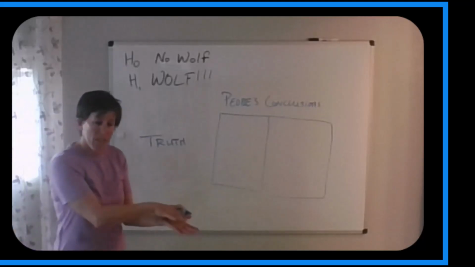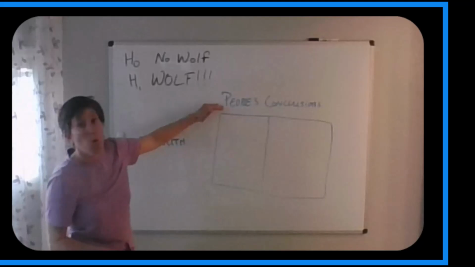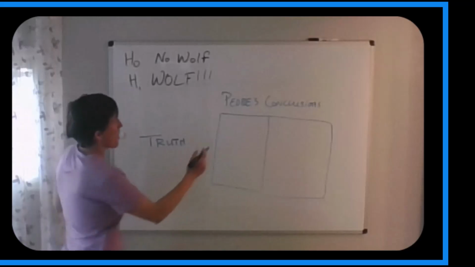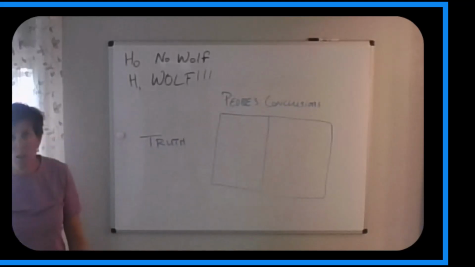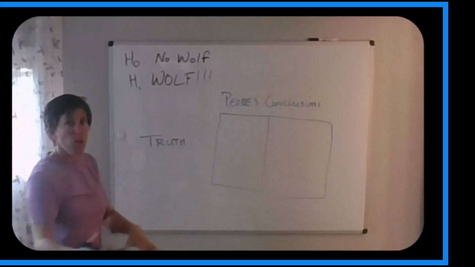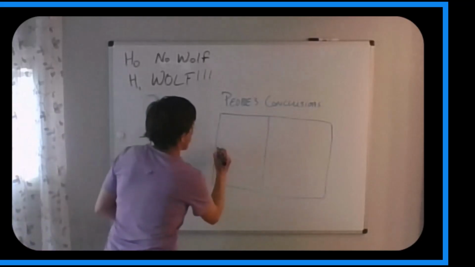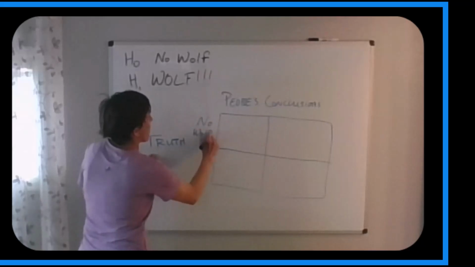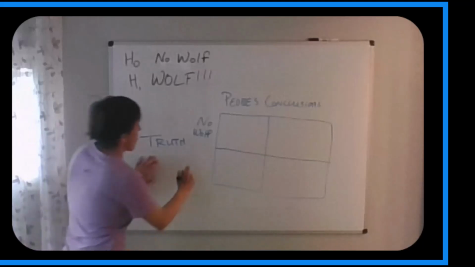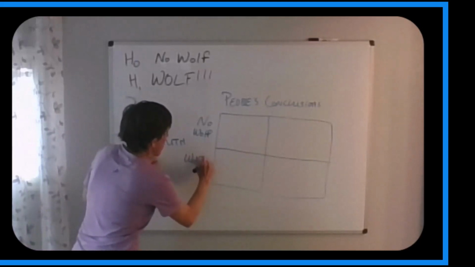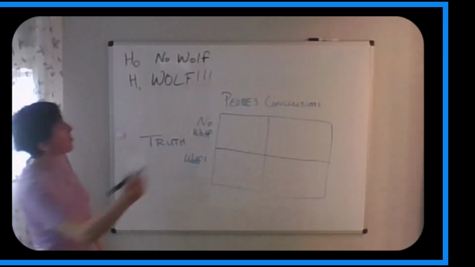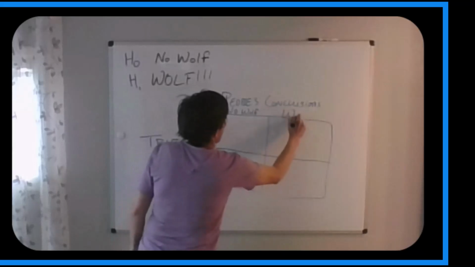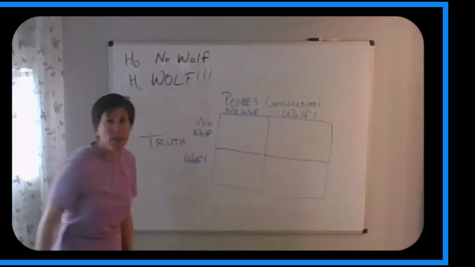Or back to that courtroom setting of innocent until proven guilty, this would be the court's decisions versus the truth of what actually happened. So here we have the people's conclusions regarding the wolf after the data has been given. For the truth, we have either there's no wolf, or there is a wolf. And for the people's conclusions, they conclude no wolf, or they conclude there is a wolf.